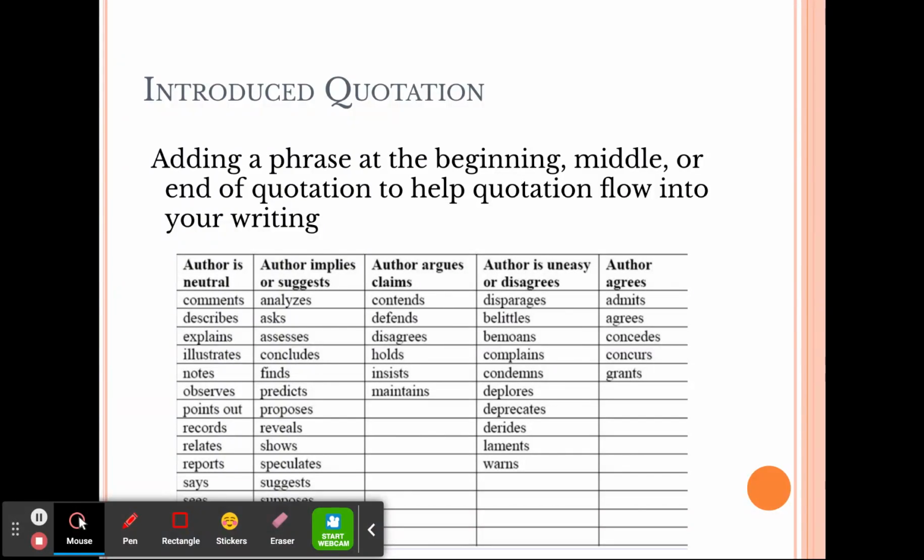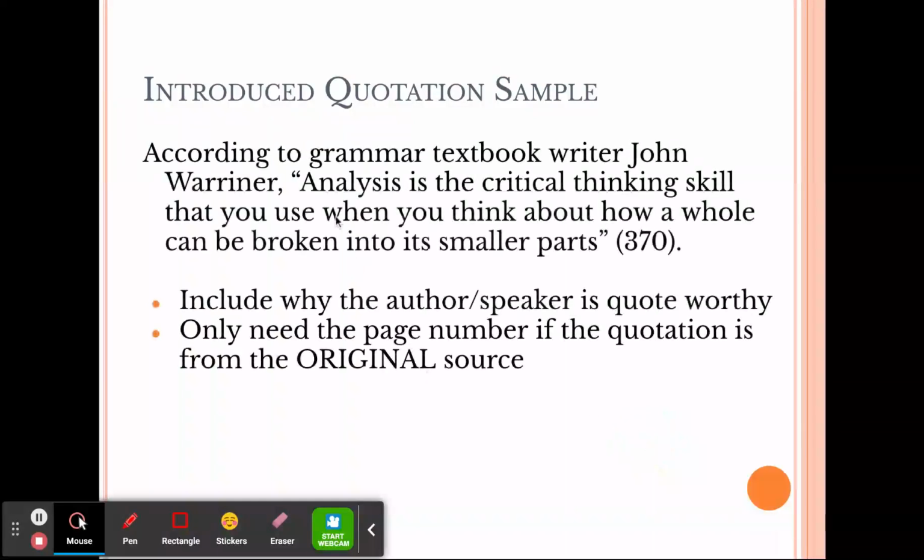So the author comments, the author finds, the author bemoans, right? There's some different samples on this in case you get stuck. And what it looks like is this right here. According to grammar textbook writer John Warner, analysis is the critical thinking skill that you use when you think about how a whole can be broken into its smaller parts.